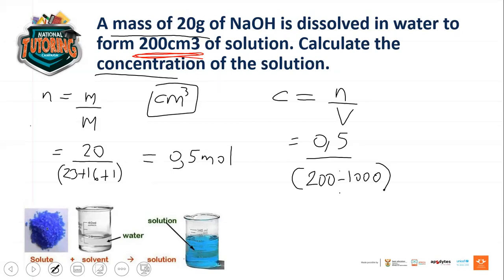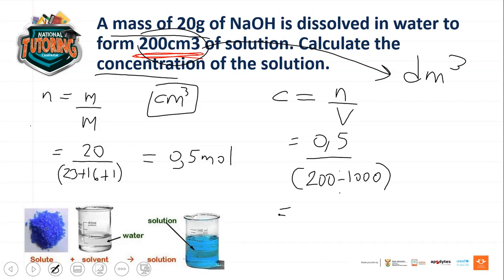When we do these calculations, you must always have your volume in decimeters cubed. Always, always, always. It's a little trick you've got to remember. You can't just use that 200 straight away. So now we say 0.5 divided by 200 divided by 1,000, and you can put it in brackets on your calculator.